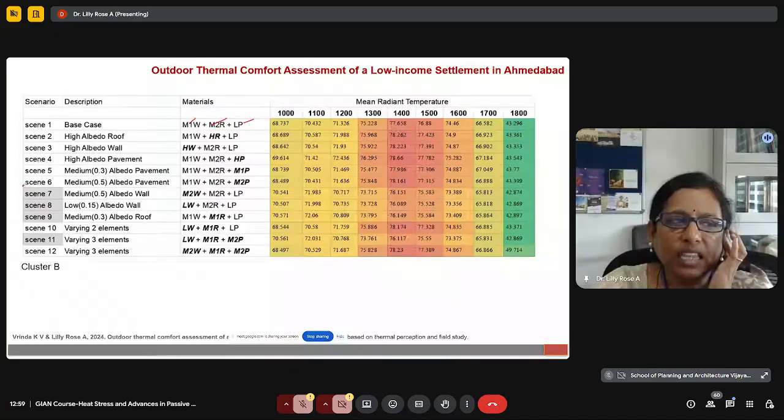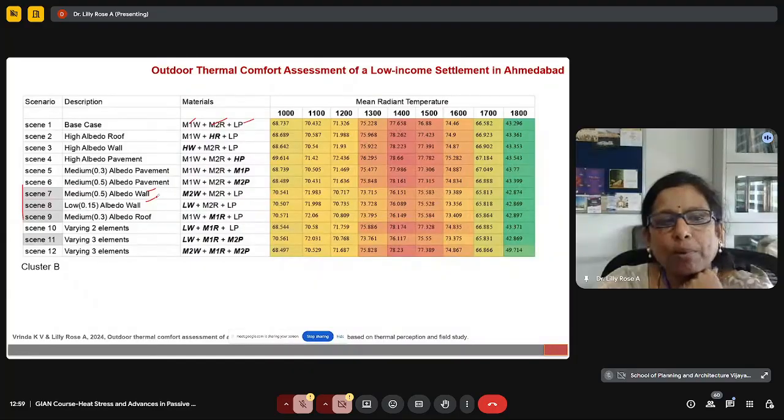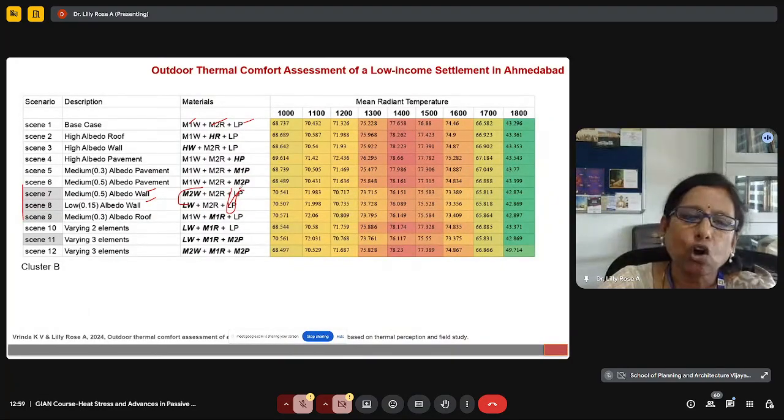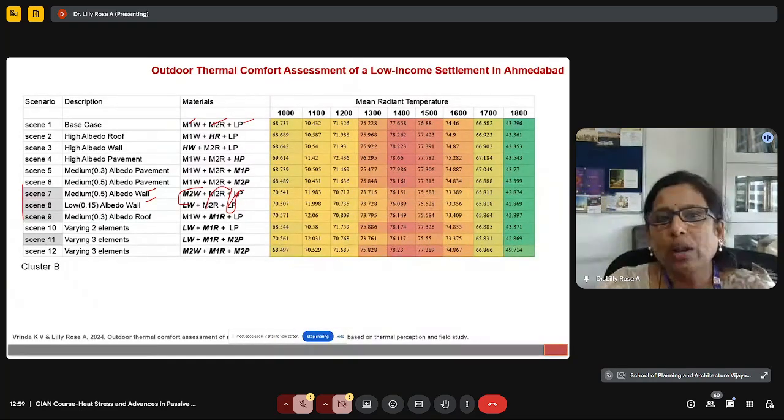Here, the scenarios which had lower albedo in wall perform better with lower albedo pavement. So here we realize that the walls and pavement should have predominantly lower albedo as they reflect heat onto the streets. And the roof, since this is a low-rise development, a medium albedo is much better.